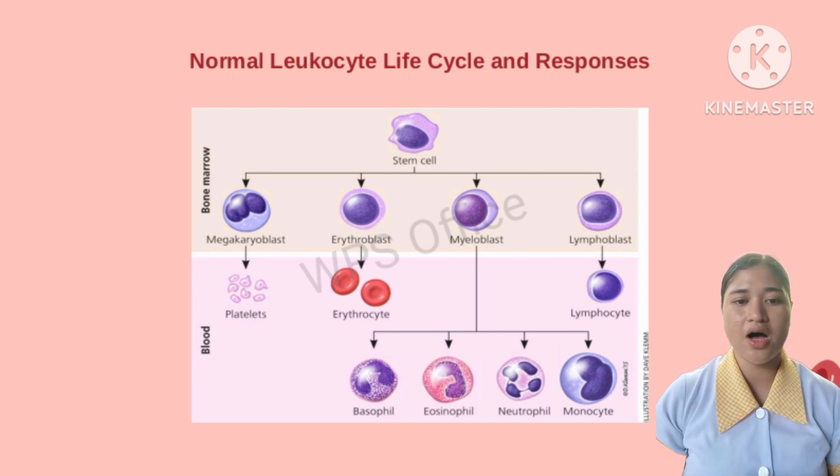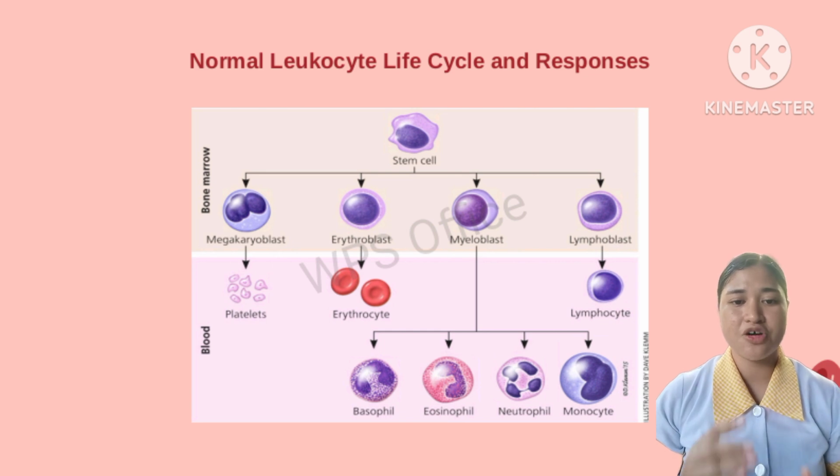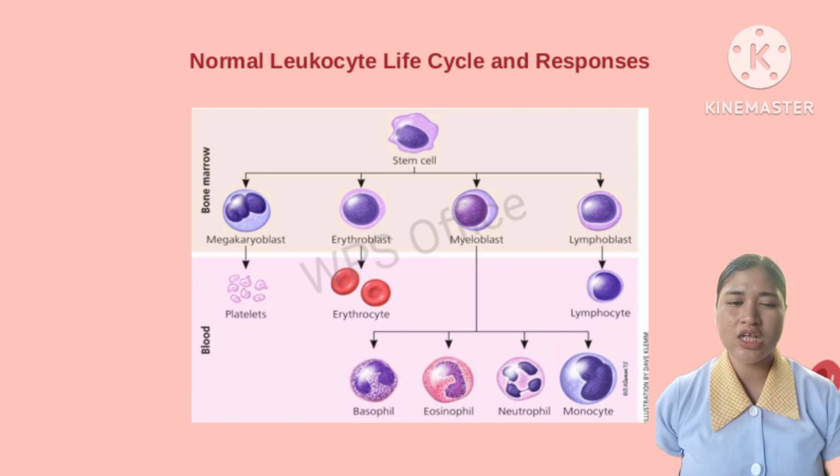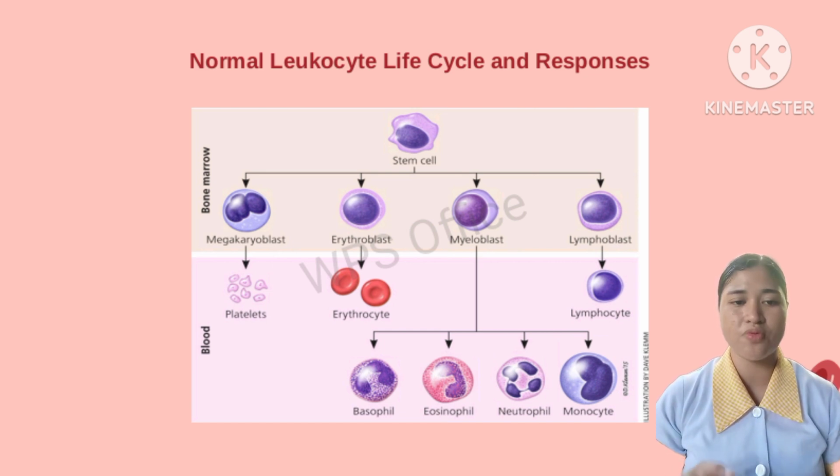Lymphoblasts develop into various types of T and B cell lymphocytes. Myeloblasts further differentiate into monocytes and then granulocytes, a designation that includes neutrophils, basophils, and eosinophils. Once WBCs have matured within the bone marrow, 80 to 90% remain in storage in the bone marrow.